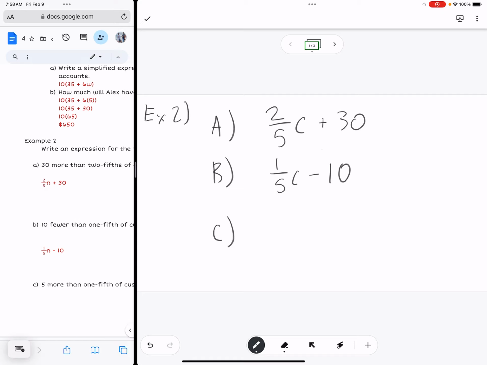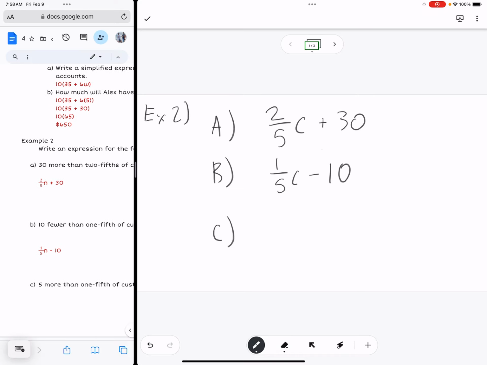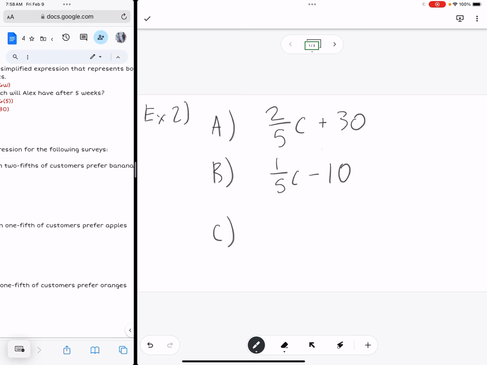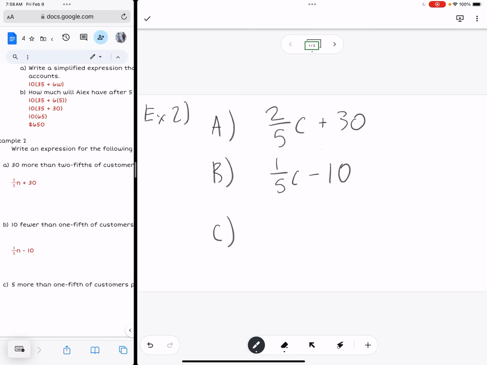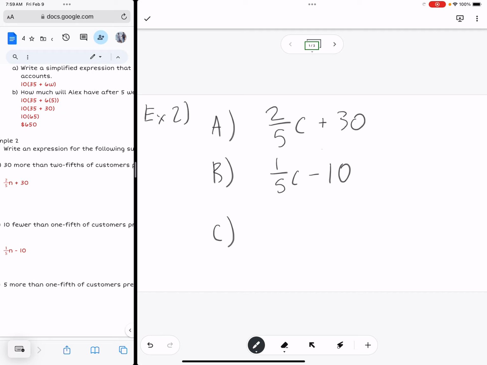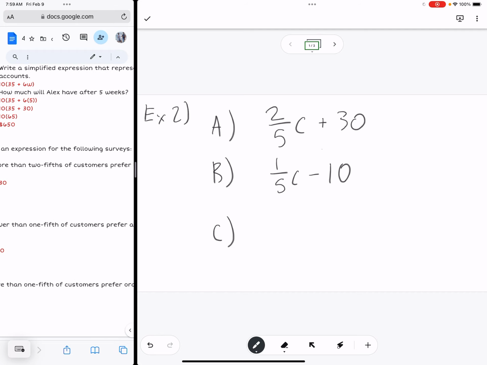All right, Giselle, you're going to do C. So we have 5 more than 1/5 of customers prefer oranges. Okay, let's look for keywords. What word in that phrase represents multiplication?